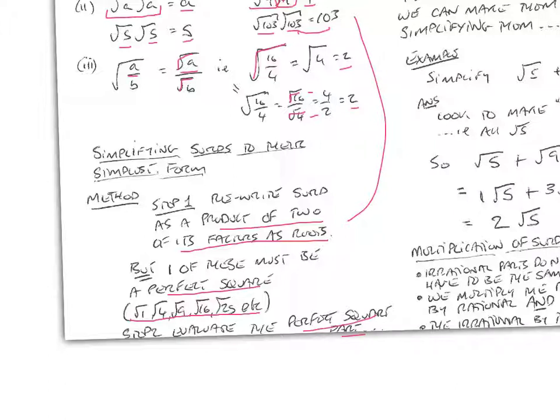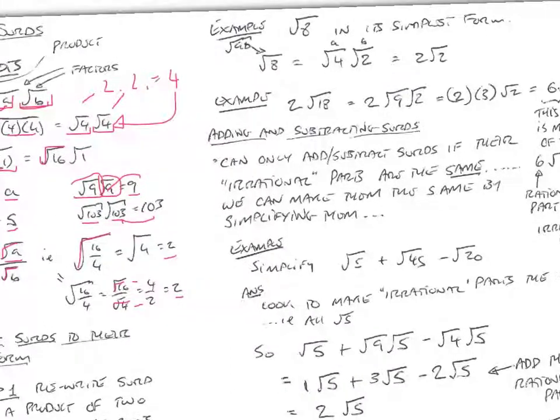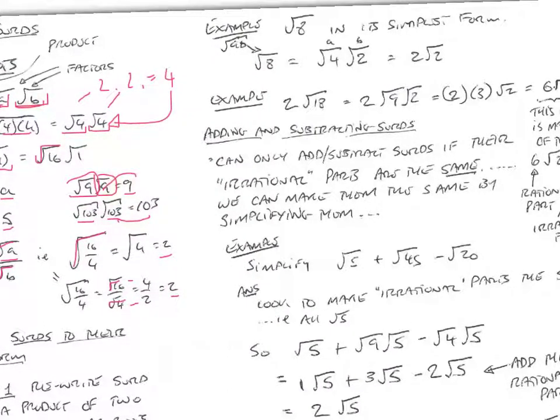Let's just do it by example and we'll see how it works. Express root 8 in its simplest form. So our 8 here is something by something, a by b, factors, and we want one of these factors to be from the perfect square list.